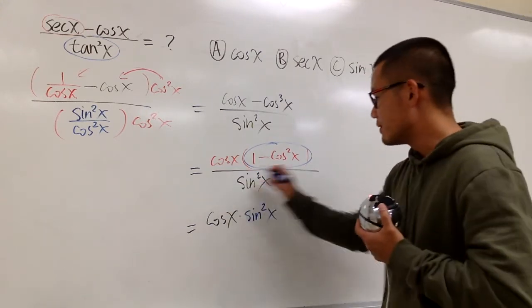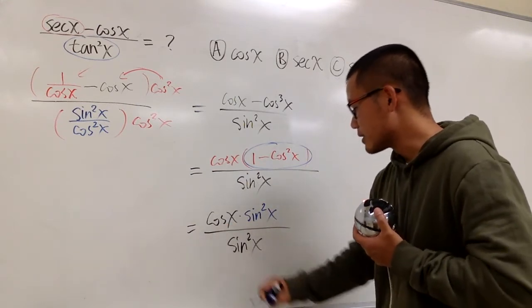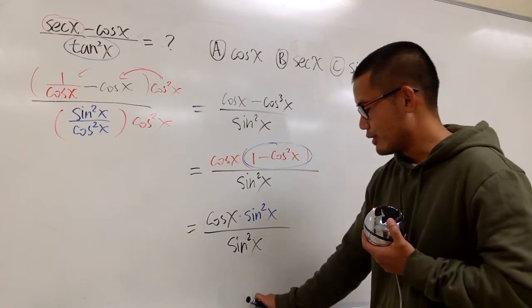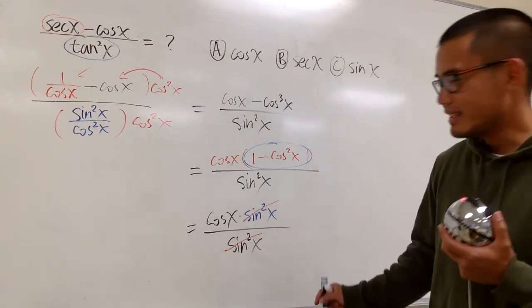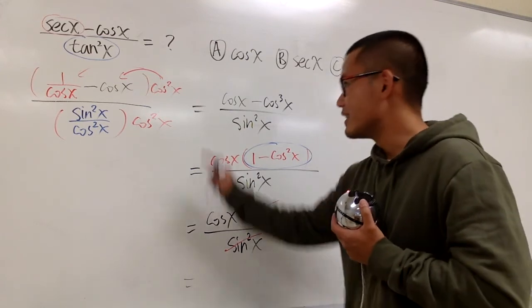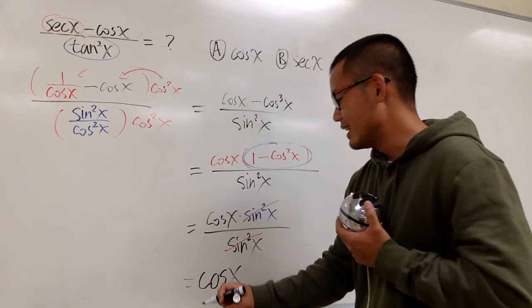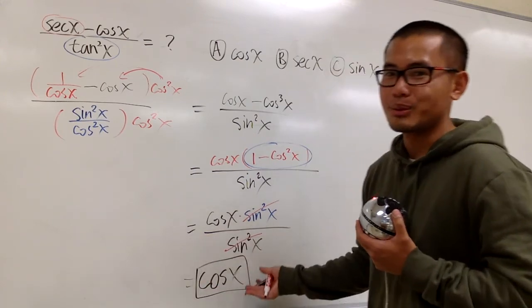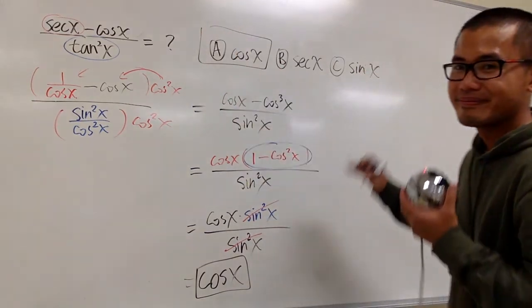And we have this all over this sine square x on the bottom. And guess what we can do? Of course, cancel, cancel. Very nice, right? So at the end, altogether, that is equal to just nothing but cosine x. That's what we have. And that's answer choice A right here. And that's it.